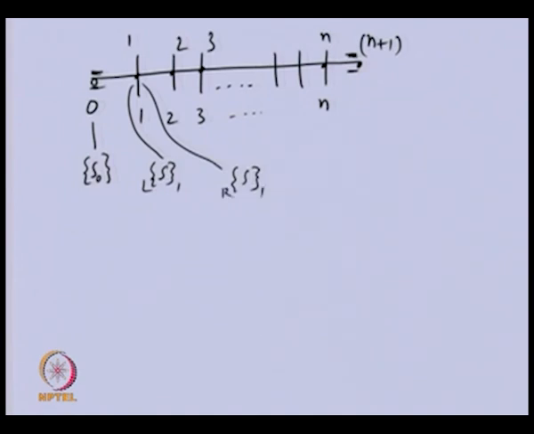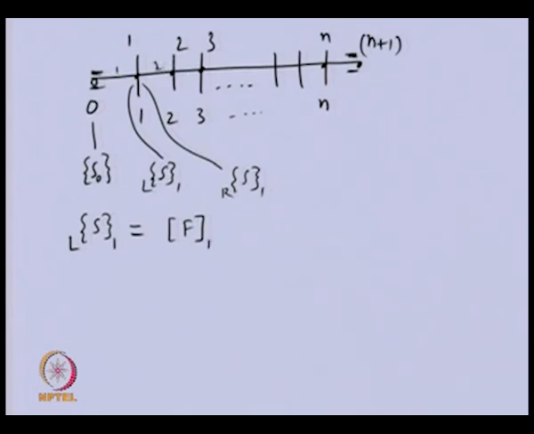Earlier we related the state vector left of 1, which we can get using the field matrix of shaft 1. Let us say this is shaft 1, shaft 2 like this.